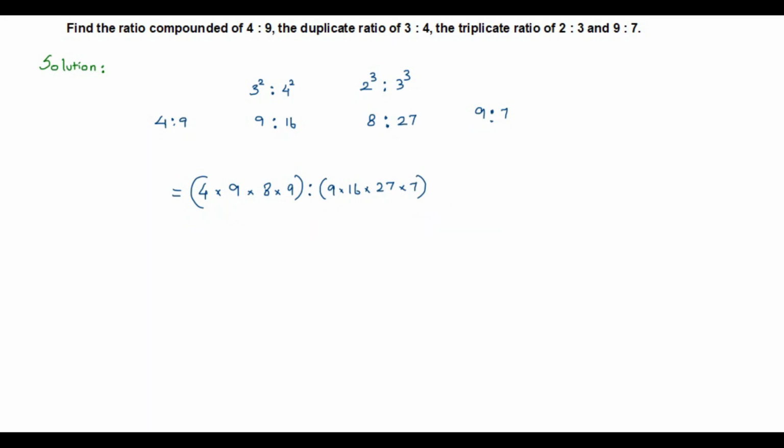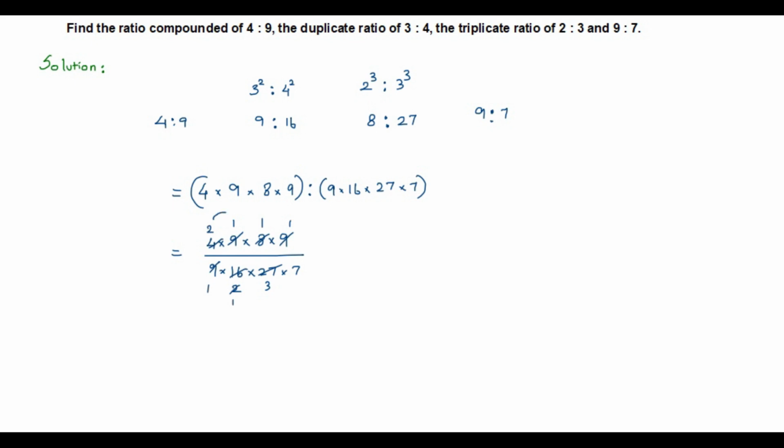Okay, for the purpose of simplification, we can write this ratio as a fraction. So that is 4 times 9 times 8 times 9 divided by 9 times 16 times 27 times 7. Now we can simplify. 9 goes into 9 one times, 9 goes into 27 3 times. So 9 goes into 9 one times, here 9 goes into 9 one times, and 8 goes into 8 one times, 8 goes into 16 2 times, and 2 goes into 2 one times, 2 goes into 4 2 times.